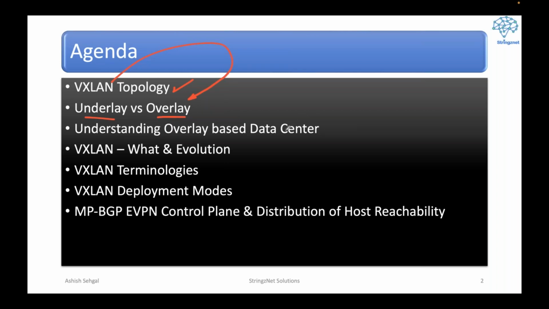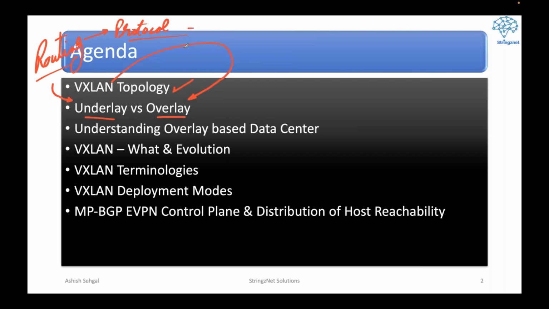The earlier technologies for networking, like basic routing, are our underlay. How do we achieve it? We achieve this with the help of various routing protocols, and you are expected to know about those routing protocols.